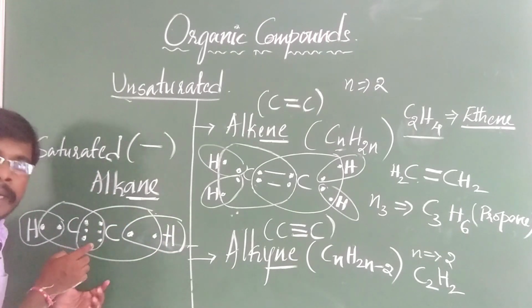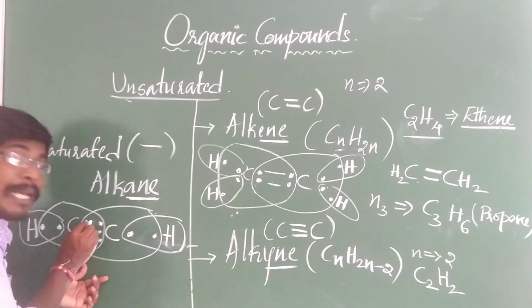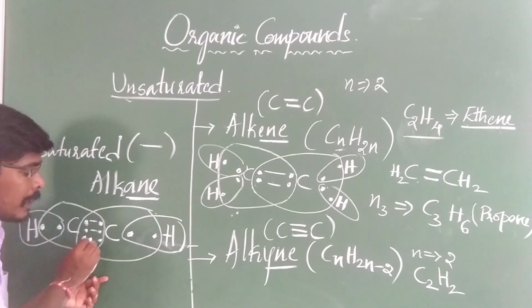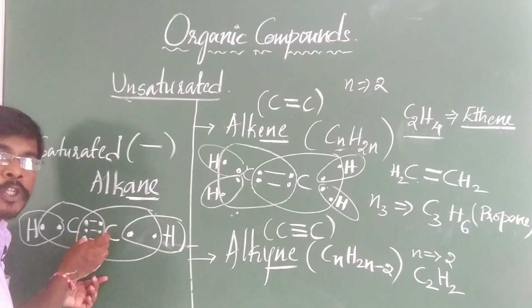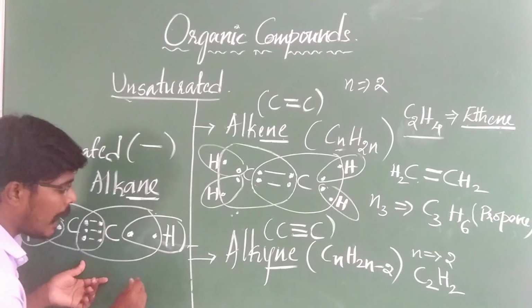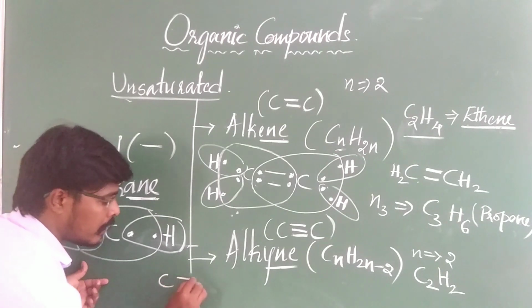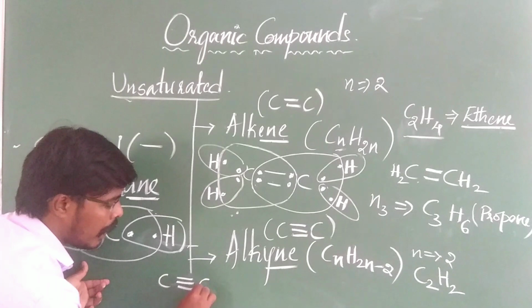Now look into the diagram or the Lewis structure. How many pairs have been joined here? 1 pair, 2 pairs and 3 pairs. So a total of 3 pairs of electrons are shared between them. Due to that, we can write this as carbon with 1 bond, 2 bond, 3 bond, then again carbon.